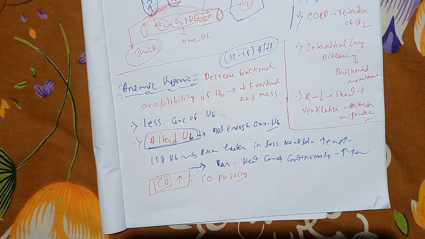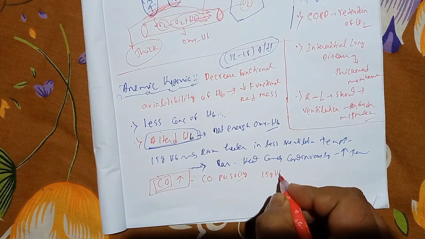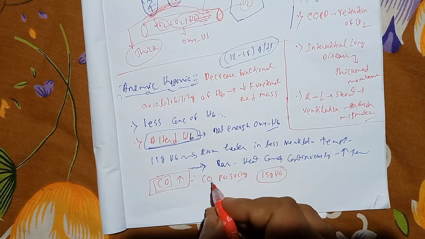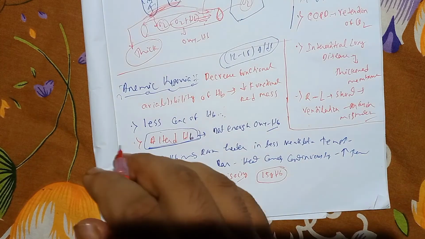Why it's altered? Let me tell you now. First, suppose in our body there is 15 gram of hemoglobin, and we all know the carbon monoxide has much more affinity than oxygen to get combined with the hemoglobin.